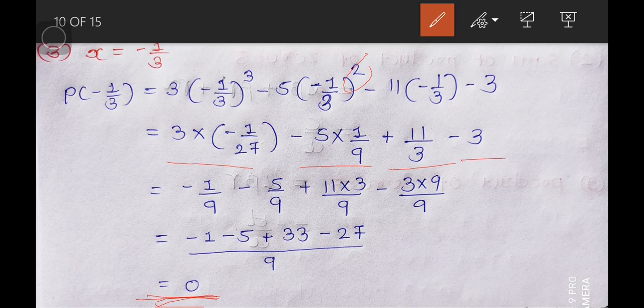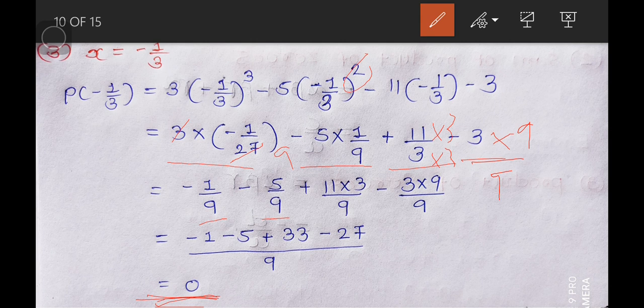and minus 3. Now here 3 nines are 27, so we put here 1 minus 1 over 9 minus 5 by 9 plus 11 by 3. Here we want to make the denominators equal, so we multiply and divide by 3, and here also we multiply and divide by 9.